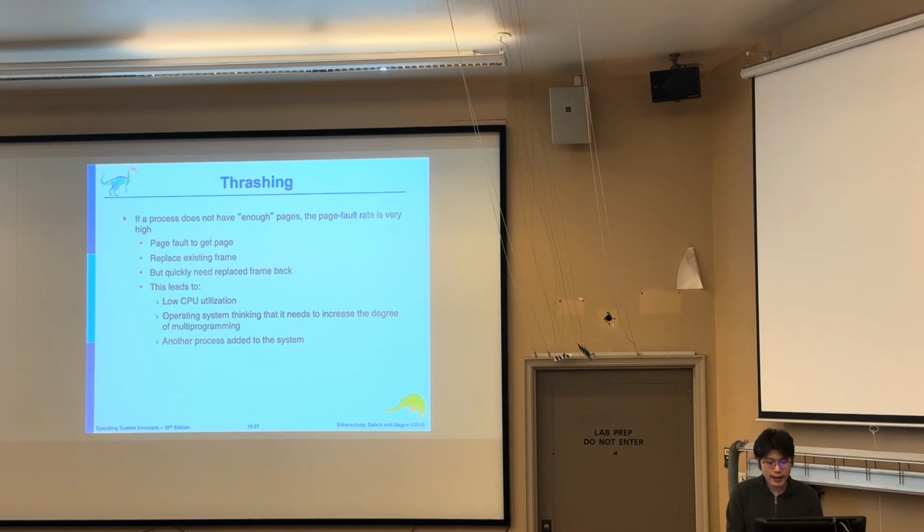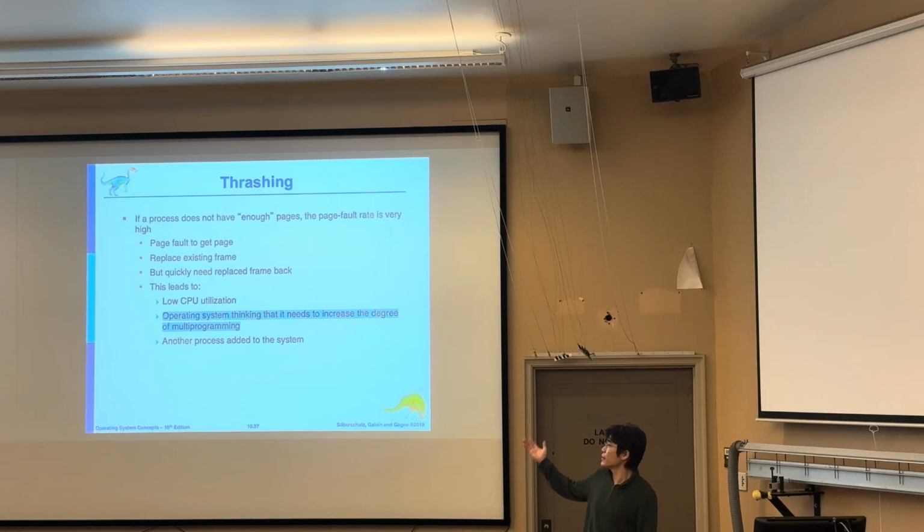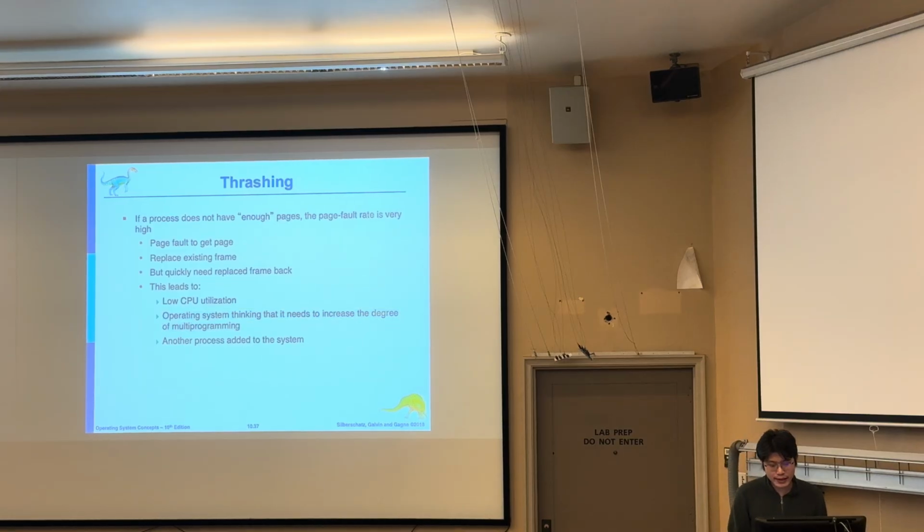Okay, and when CPU utilization is low, what do you usually do? Right? So there are 2 scenarios where you can have low CPU utilization. And why can the OS be confused? In this case, the OS thinks that it needs to increase the degree of multi-programming.